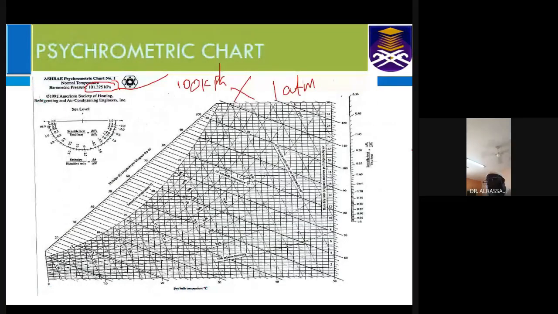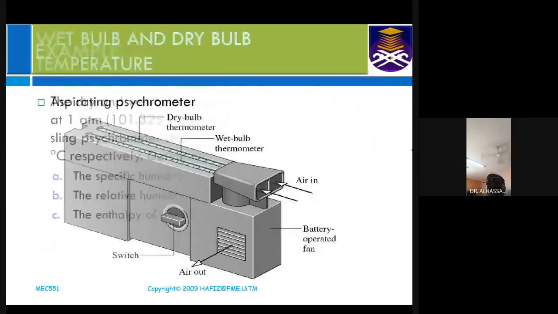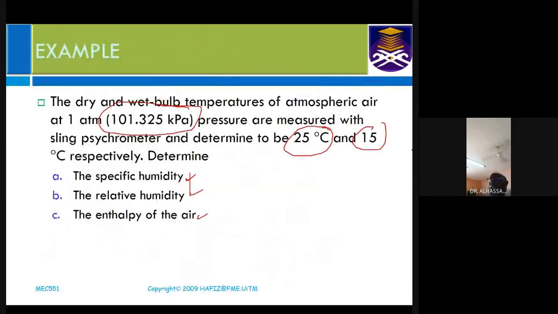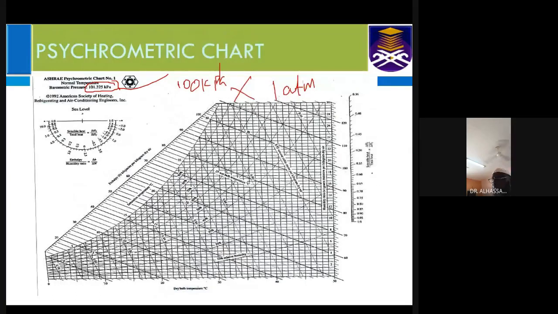Yes. So we have on the psychometric chart 25 degrees Celsius and 15 degrees Celsius. On the dry bulb temperature, we have 25 degrees Celsius, and the wet bulb temperature starts from here. This is 25 wet bulb temperature.